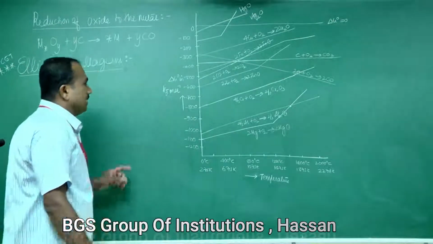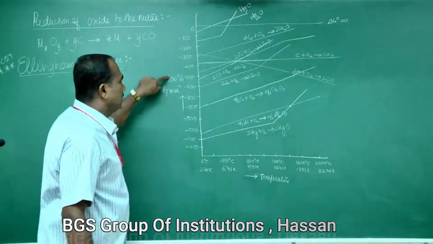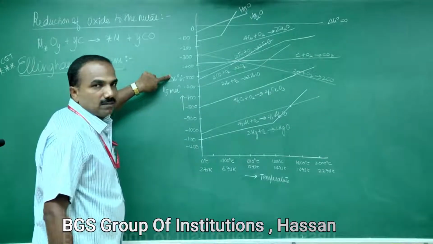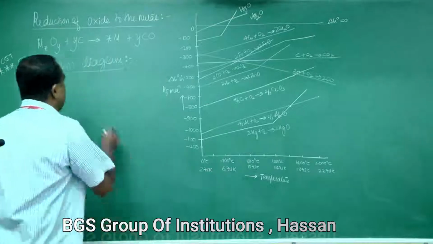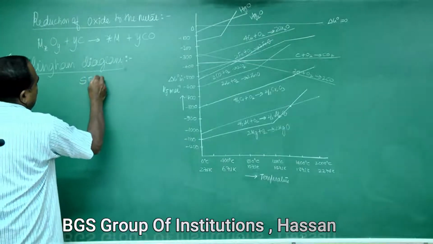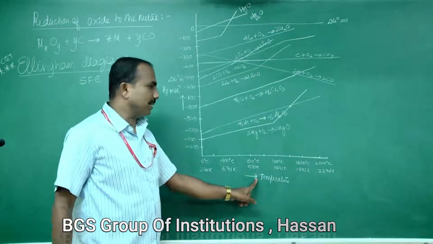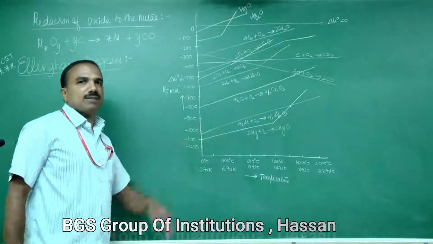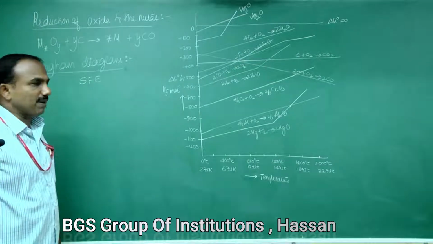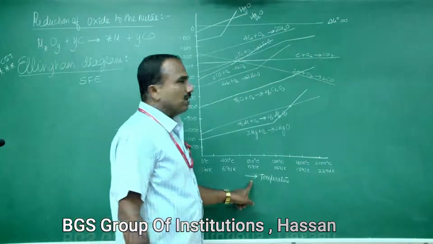Ellingham diagram is a plot of delta G naught, that is standard free energy change, versus temperature for the formation of various metal oxides.